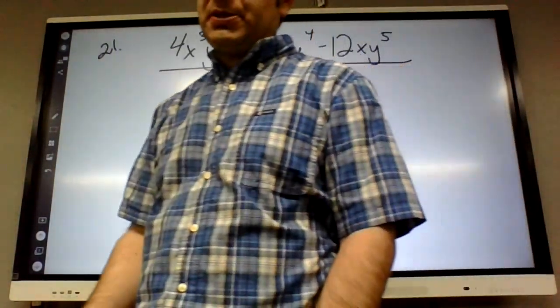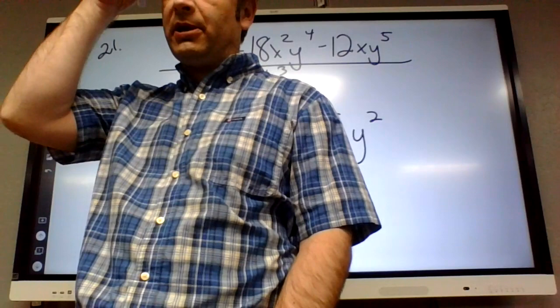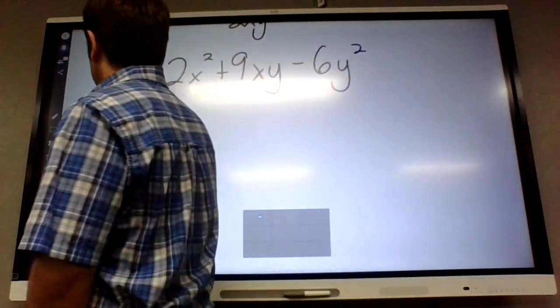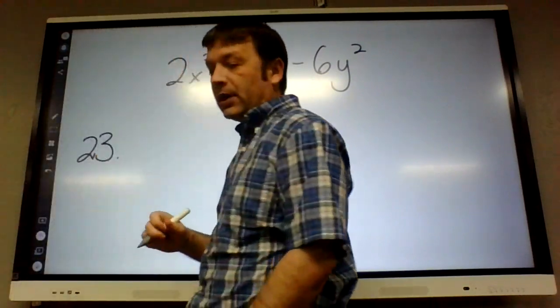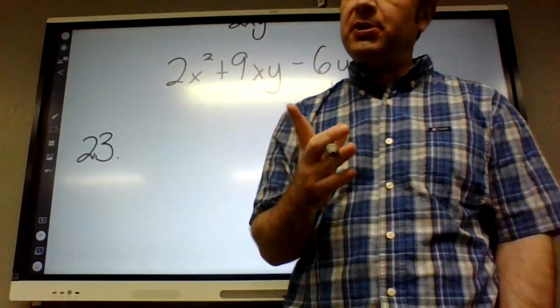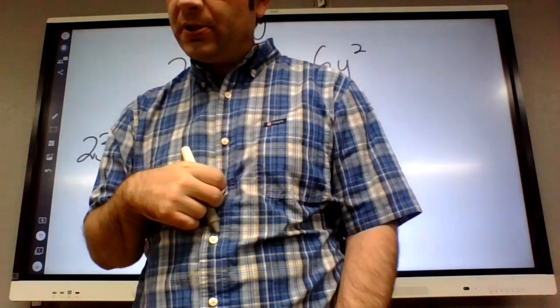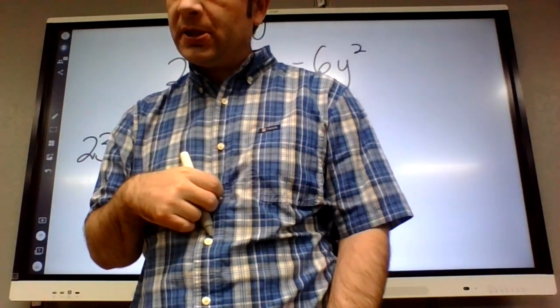Okay, but 22 and 23, however, what's different about those? The divisor is 2 terms, so you cannot do just dividing by the one term. You have to do long division or synthetic division.